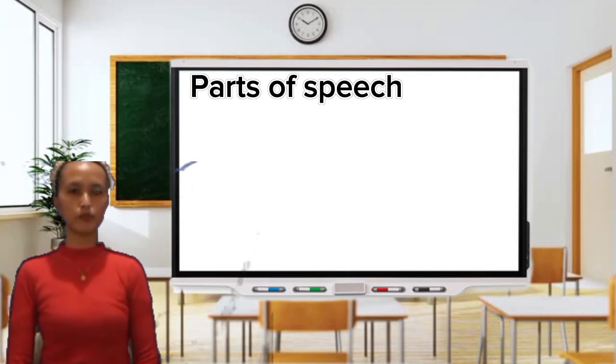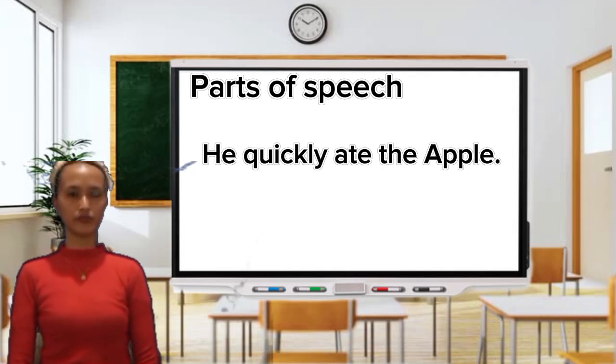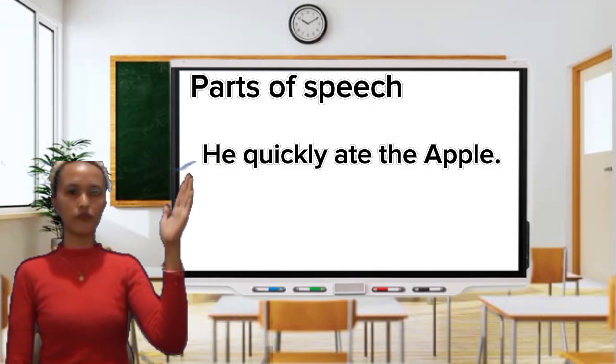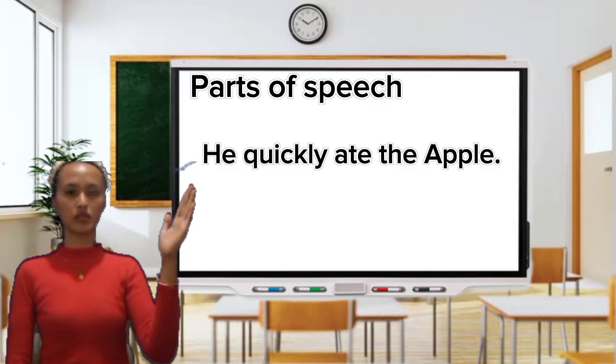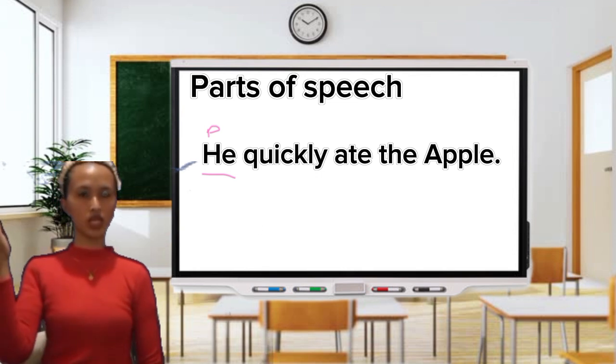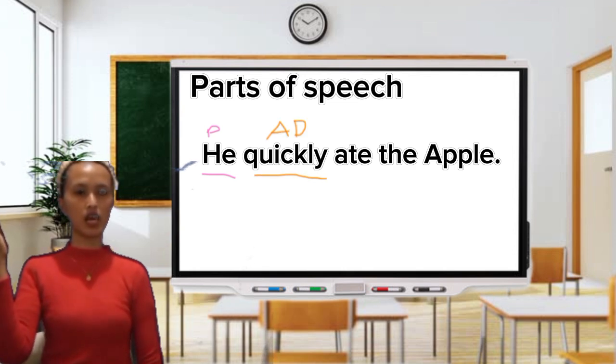Let's look at a simpler sentence. He quickly ate the apple. First, we have he. This word takes the place of a name, so it's a pronoun. Next is quickly. It tells us how he ate, so it's an adverb.